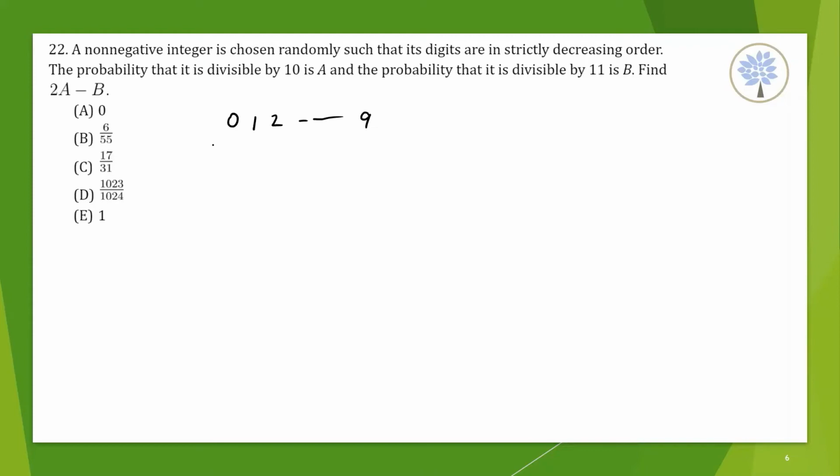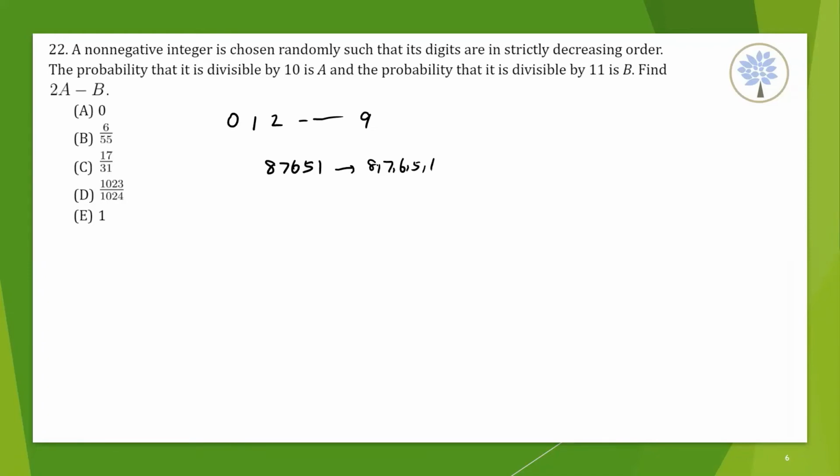And let's consider some more numbers. Let's just give an example: 87651. This number is a number whose digits are in strictly decreasing order, and the digits of this number are 8, 7, 6, 5, and 1. So let's think about it.